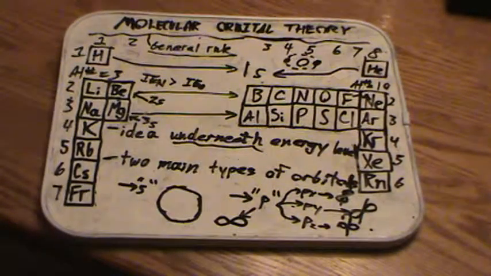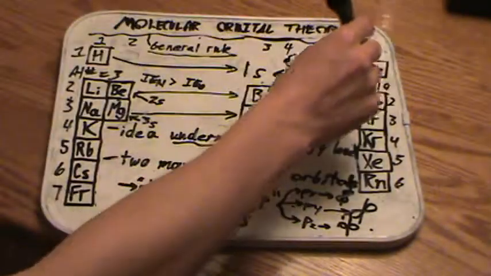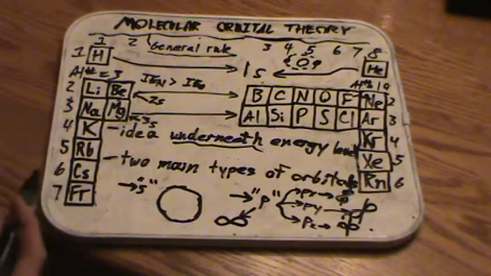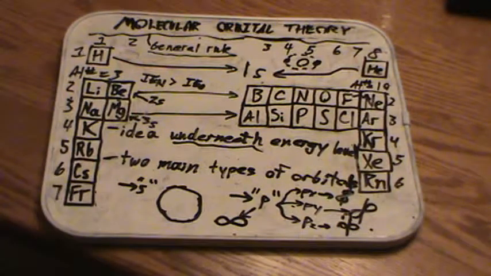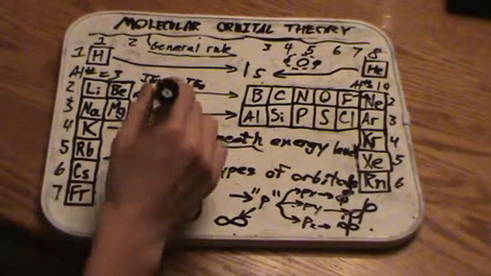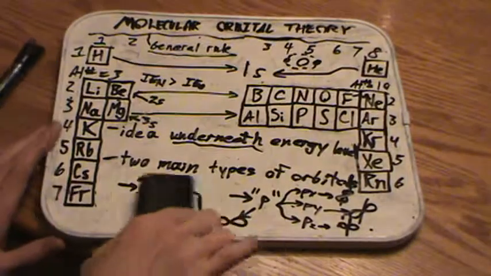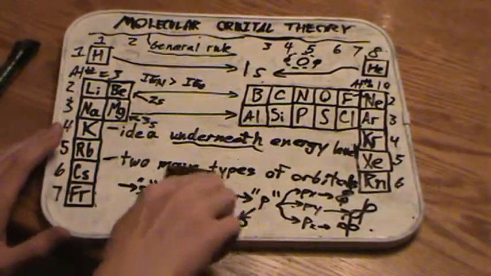So what are we seeing here? We are seeing that hydrogen and helium are paired, lithium and beryllium are paired, and sodium and magnesium are paired. The electrons that represent them are paired in s orbitals. And so let's make a big rule here, because this is very, very important.